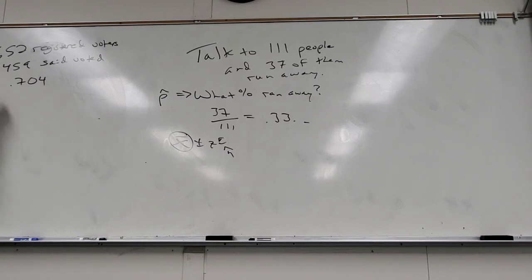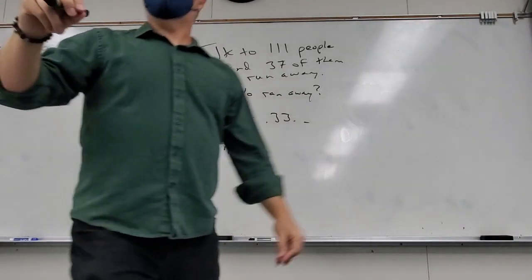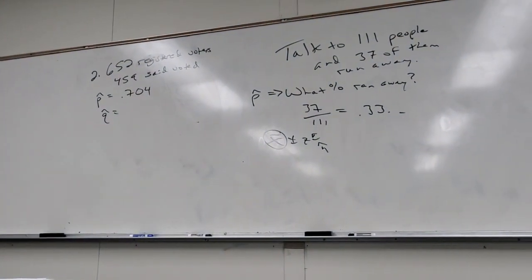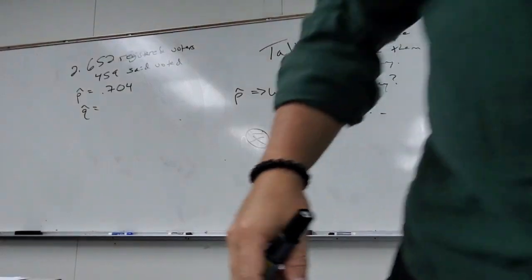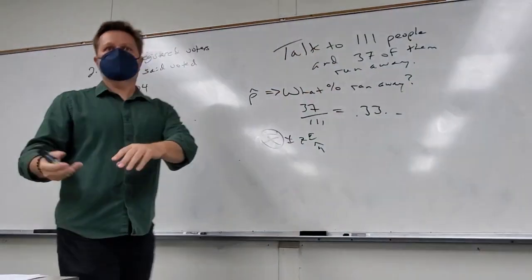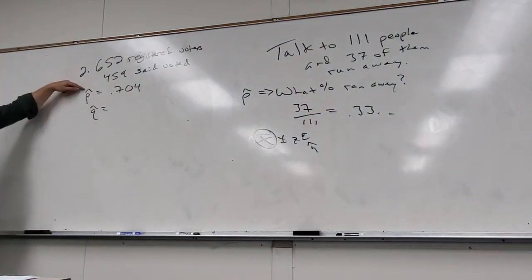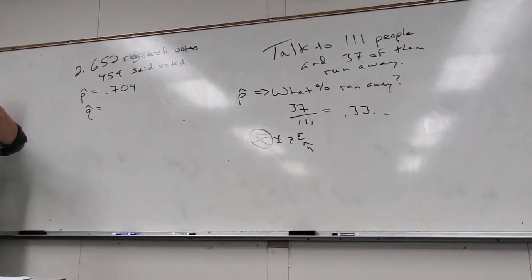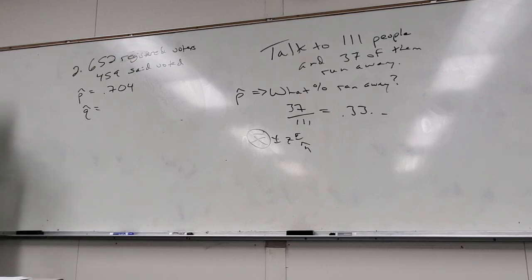Now, the next thing, some people got this, but then were really confused about what q-hat is. And no matter what clothing p and q are wearing, I don't know if you guys are cool with me saying weird stuff like that. Too bad, I'm going to continue doing it. These are both wearing hats, I don't care. What do they have to add up to be? 1, because 1 is success probably, and 1 is failure.